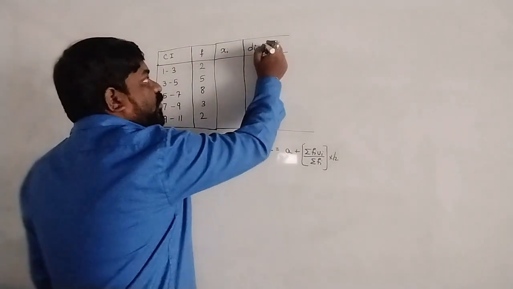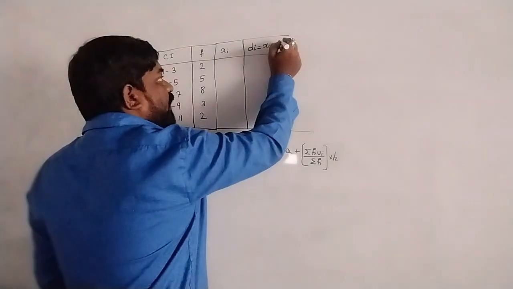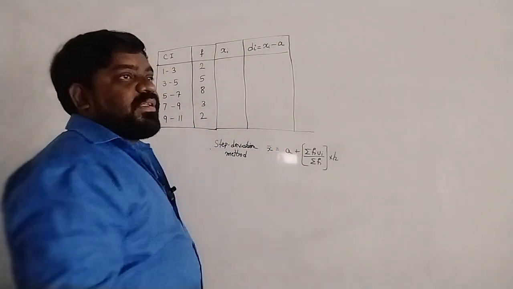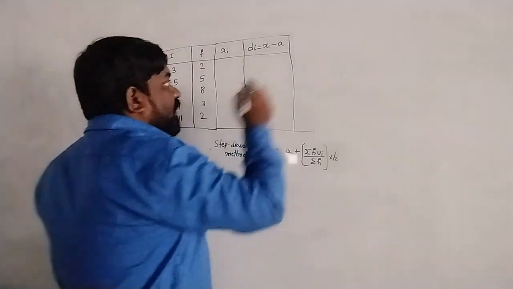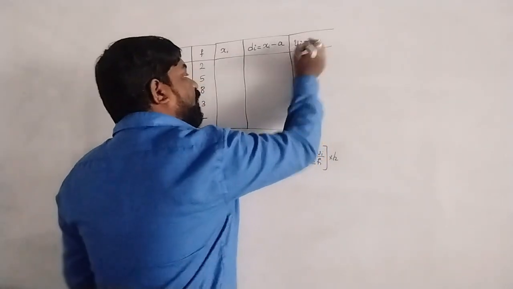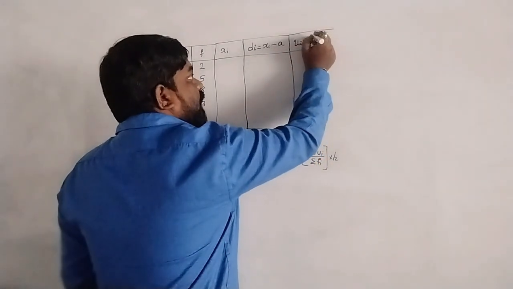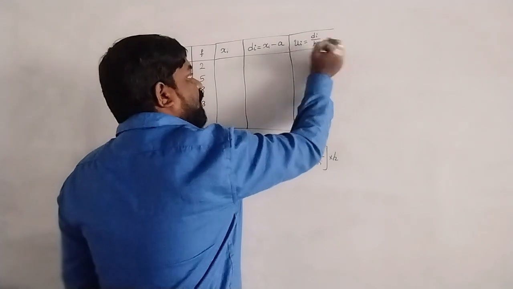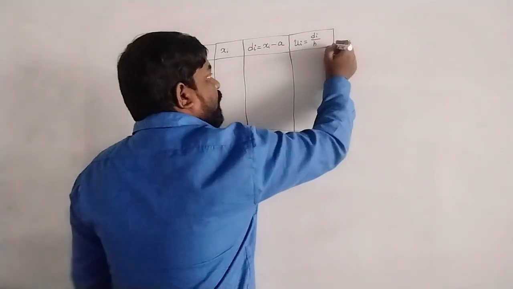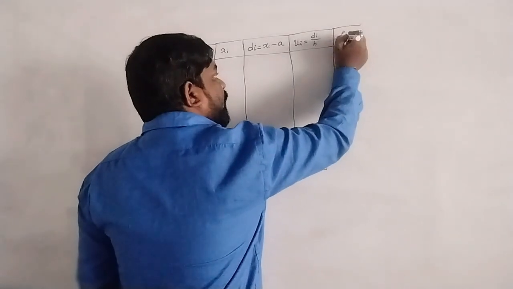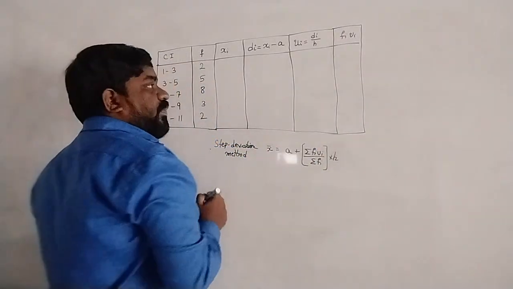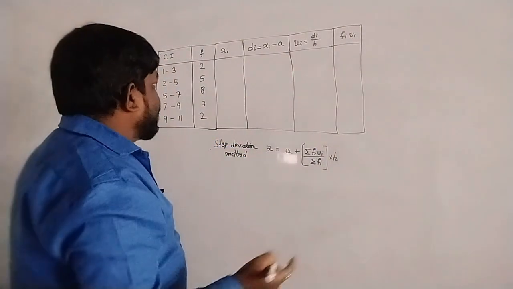To find di, the formula is xi minus a, what we did in the previous method, the assumed mean method. So next we need to find ui. The formula to find ui is di divided by h. Next, finally we require the fi ui column.